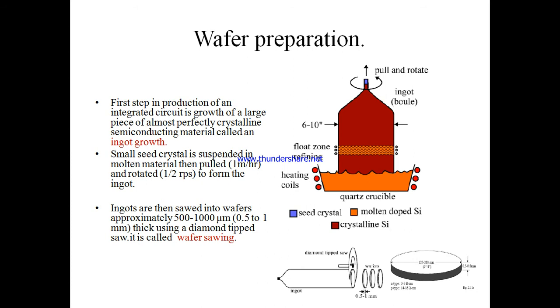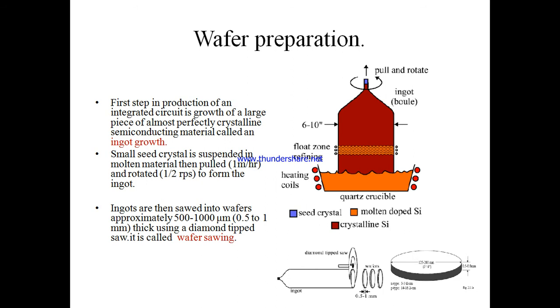As the melt freezes, it assumes the single crystal form of the seed. This process is continued until the melt is consumed. The diameter of the ingot is determined by the seed withdrawal rate and seed rotation rate. Growth rate ranges from 30 to 180 mm per hour.